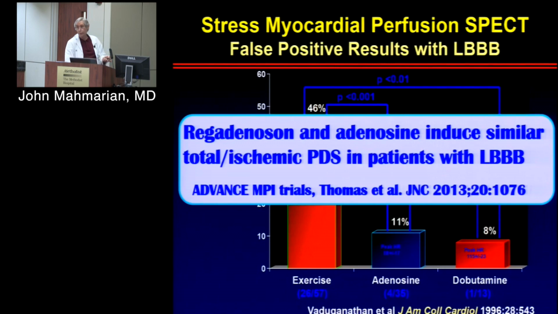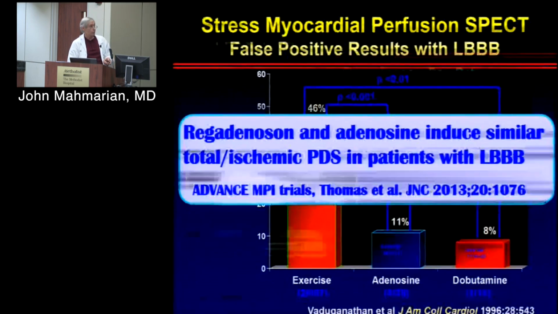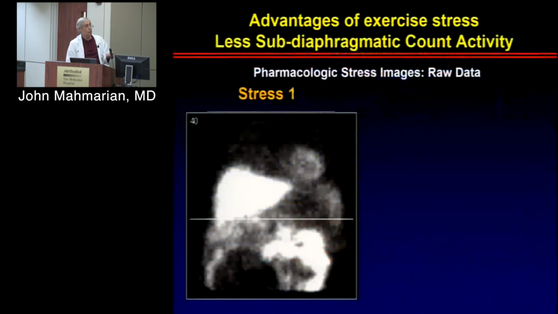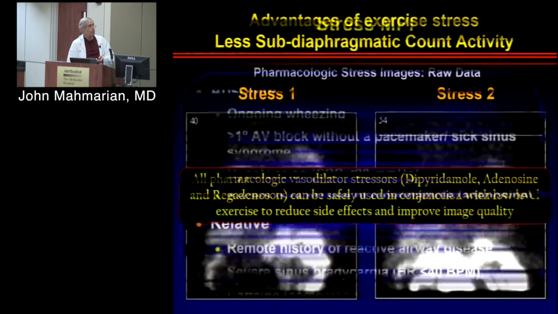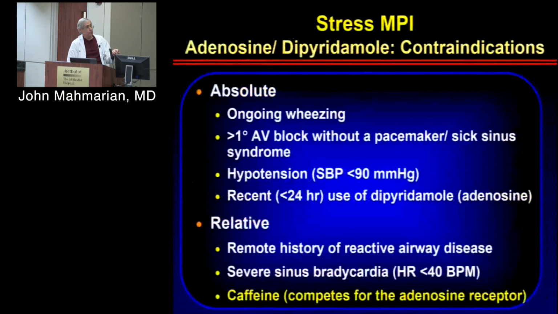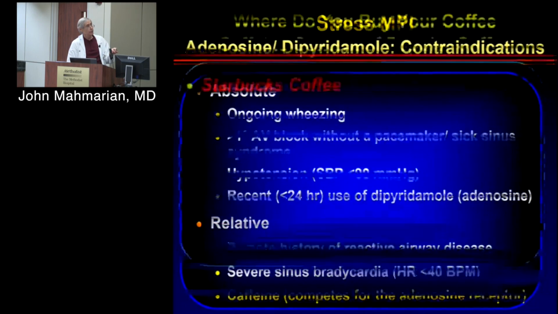If people have pacemakers or left bundle, they should really undergo pharmacologic stress, not exercise stress. Again, even with pharmacologic stress, however, we try to exercise people a little bit because we cut down splanchnic blood flow and therefore we get less count activity in the liver so as not to obscure the counts in the myocardium. Okay? Adenosine, there are some absolute contraindications, particularly people with ongoing wheezing.